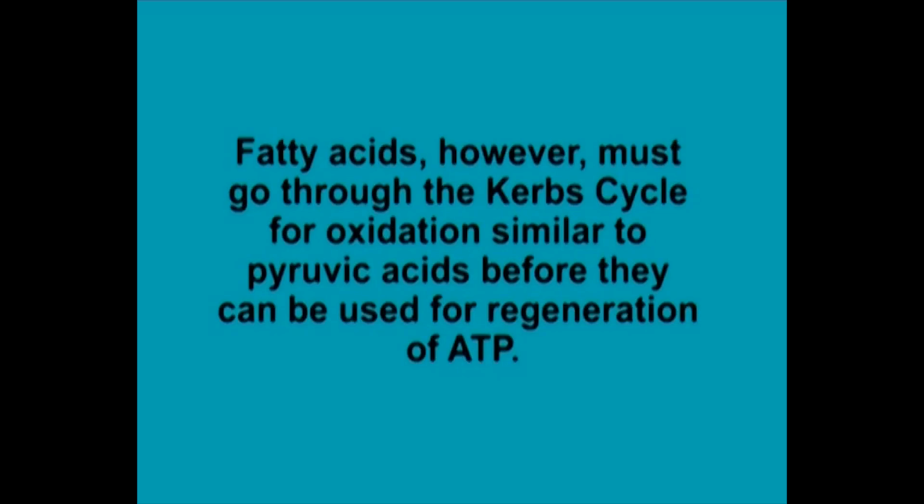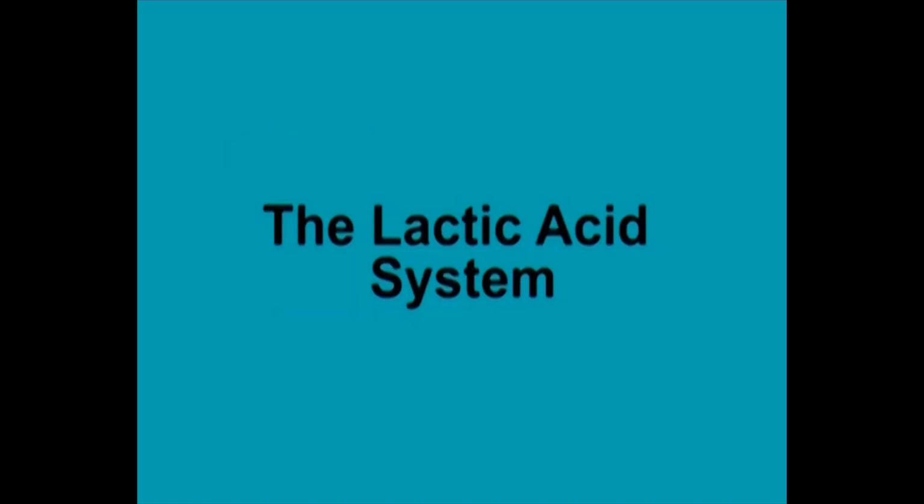Glycerol then enters the glycolytic pathway in the usual manner as glycogen is used for the purpose of resynthesis. Fatty acids, however, must go through the Krebs cycle for oxidation, similar to pyruvic acid, before they can be used for regeneration of ATP.